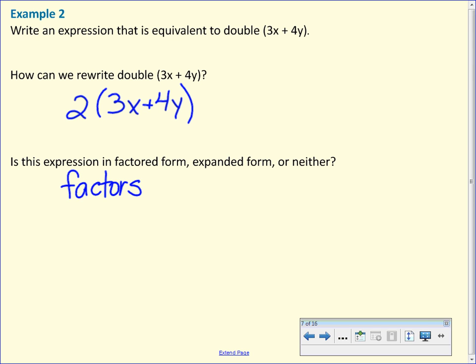Remember, the factors are the 2 numbers that are multiplied together. If this was an expanded form, remember you did this for homework the other night, you included all of the multiplication symbols, you expanded it all out. If you have the 2 times, that's the 2 outside, because the parentheses mean to multiply.